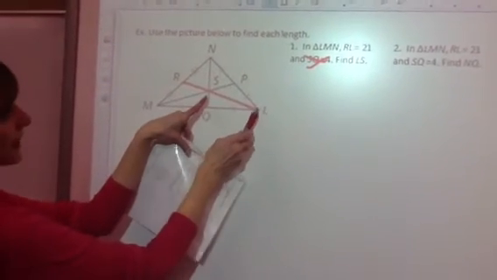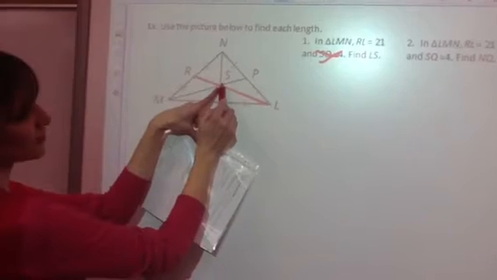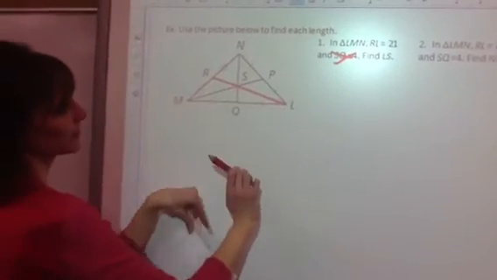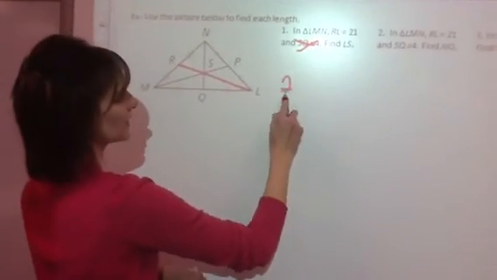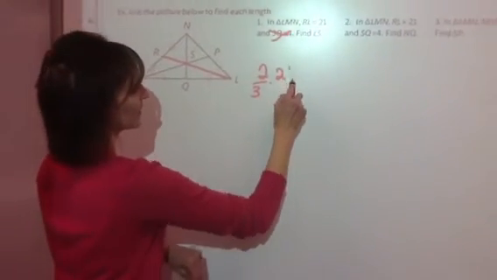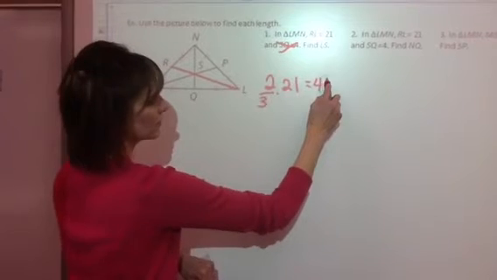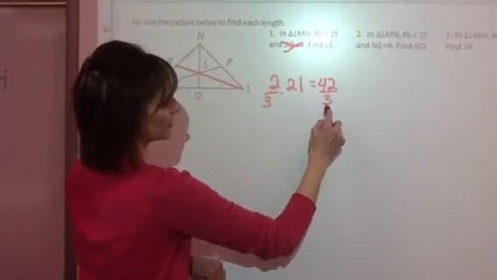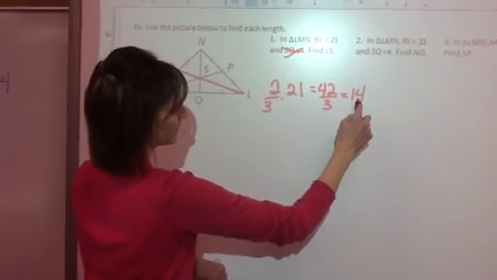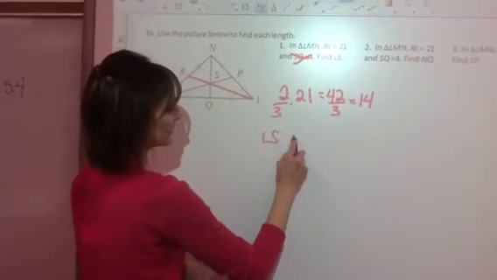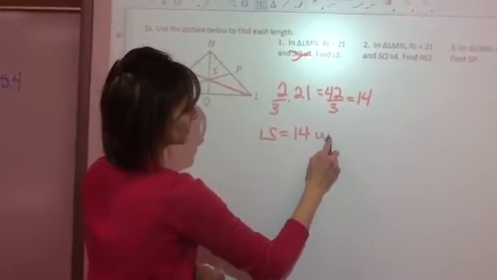Well, I want to find the length from the vertex to the centroid, and that is 2/3 of the entire length. So you take 2/3 times the entire length. 2 times 21 is 42, and then divide that by 3. So you get 14. The length from L to S is 14 units.